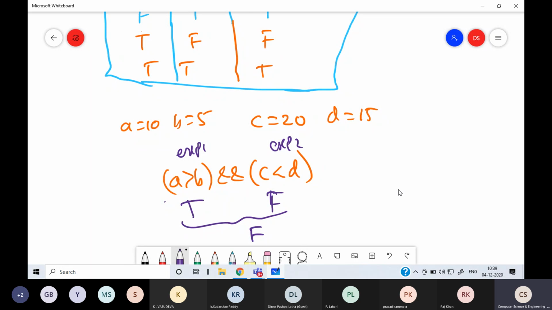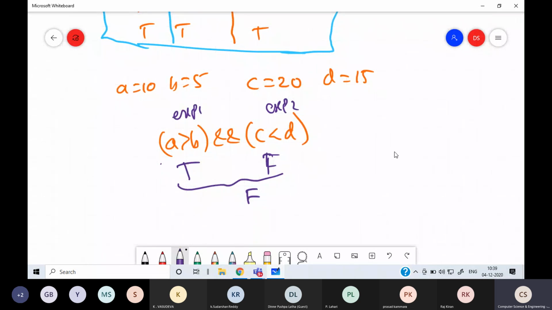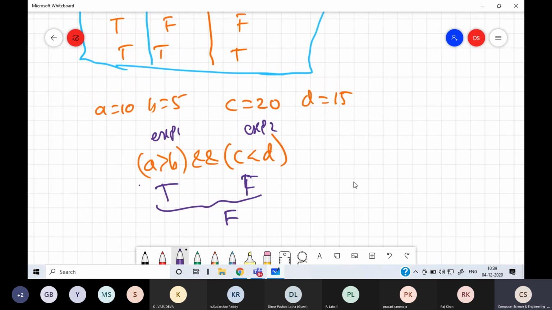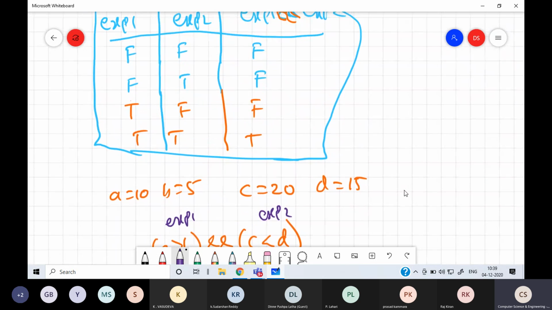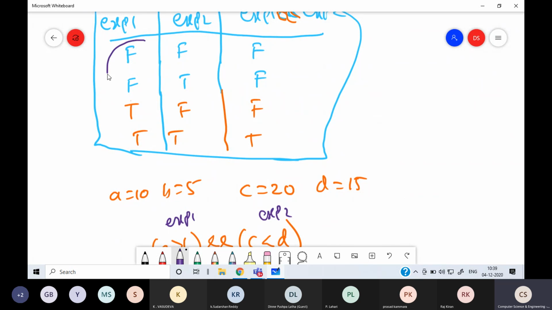One very important thing to note is that whenever expression 1 is false, whatever the result of expression 2, whether expression 2 is false or true, the result is going to be false.